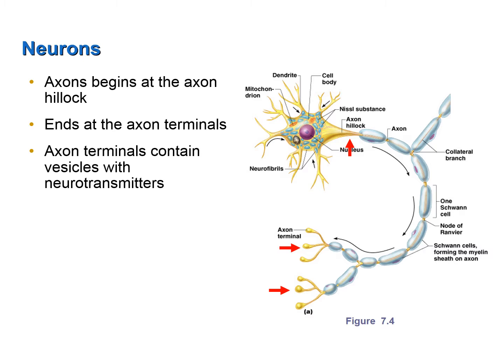These are enlarged endings to the axon. These axon terminals contain neurotransmitters, and those neurotransmitters are going to play very important roles in allowing the neuron to communicate with other cells.